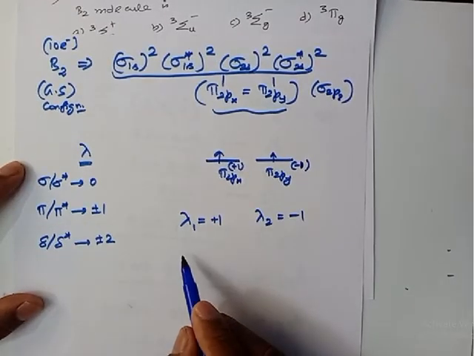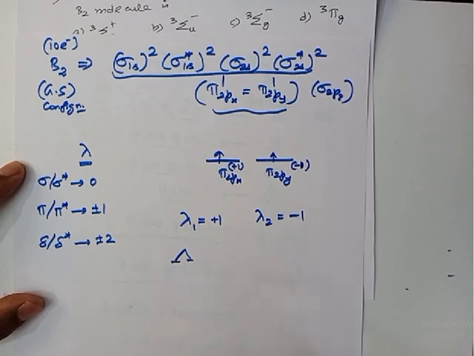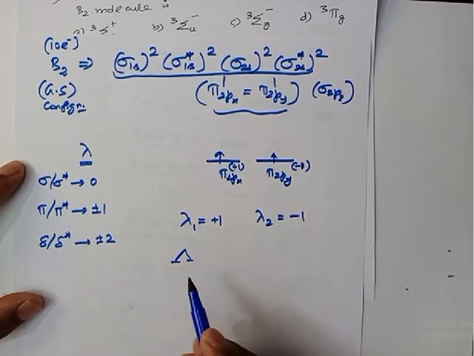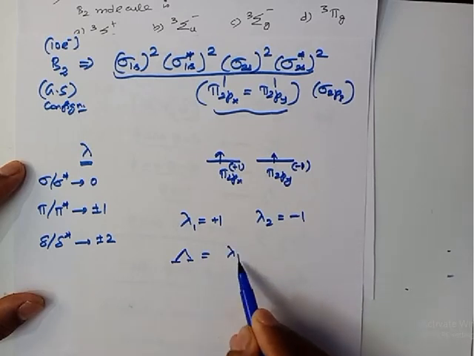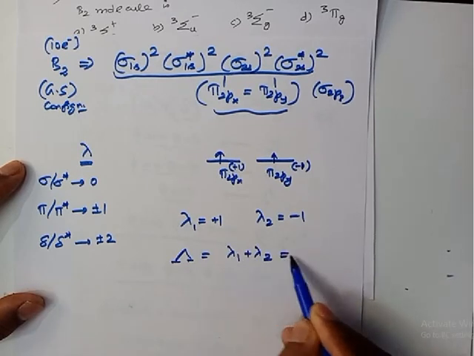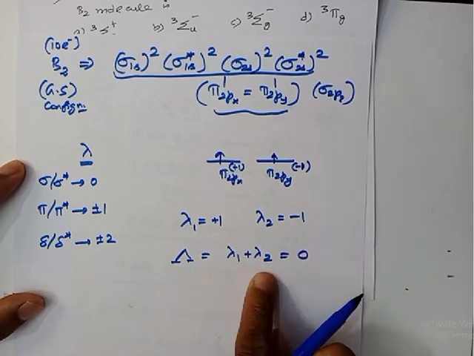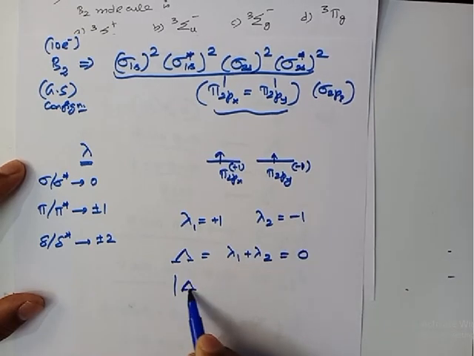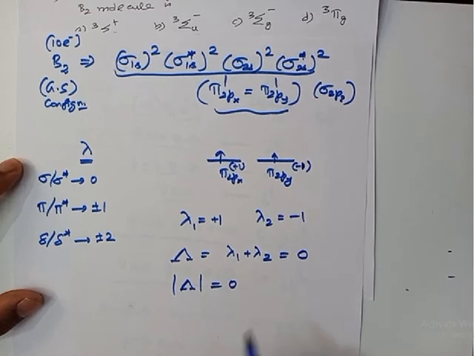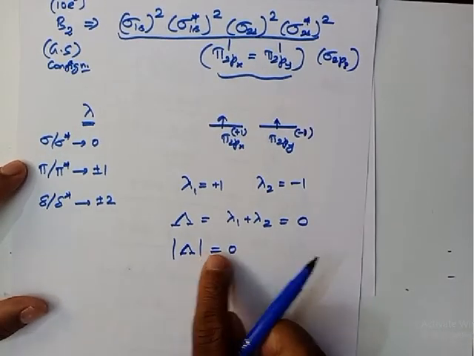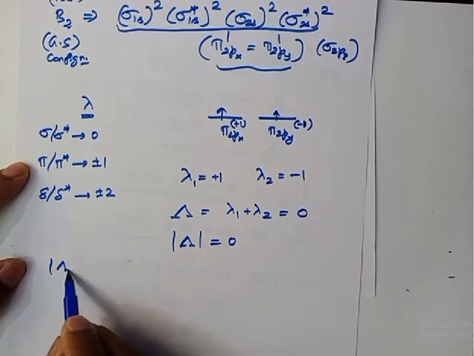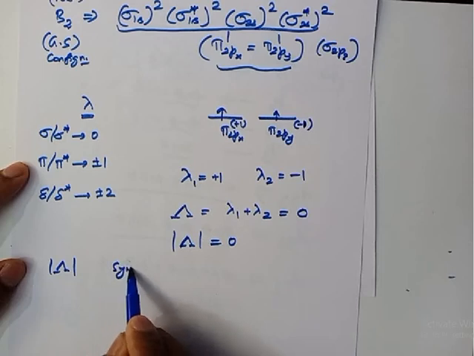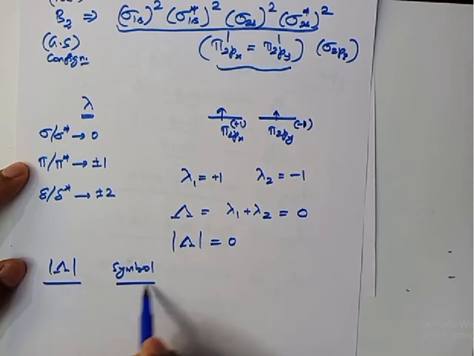We need to find out big lambda. Big lambda is nothing but the sum of these two, lambda 1 plus lambda 2, which is 0. I should take only the magnitude, only the magnitude of lambda is very important. In this case it is 0. If the magnitude of lambda is 0, the symbol is a sigma state.